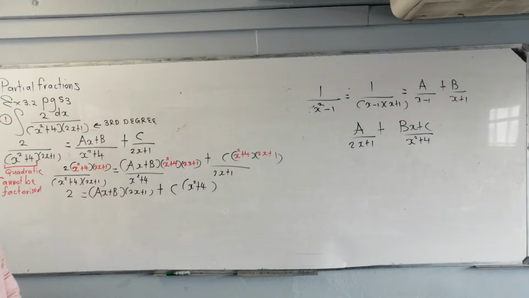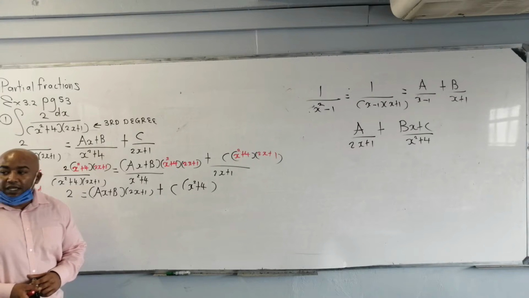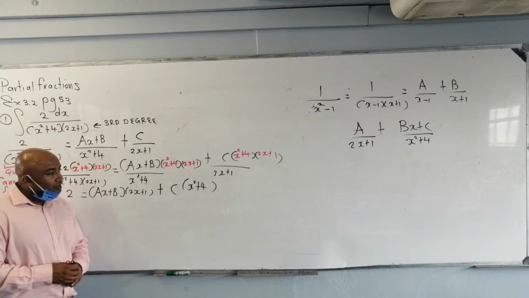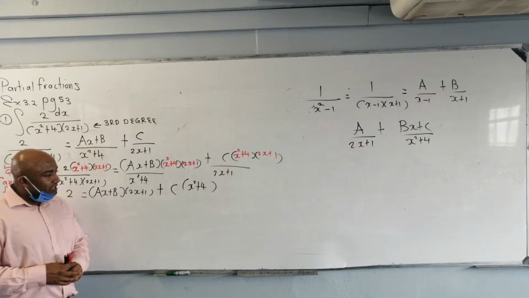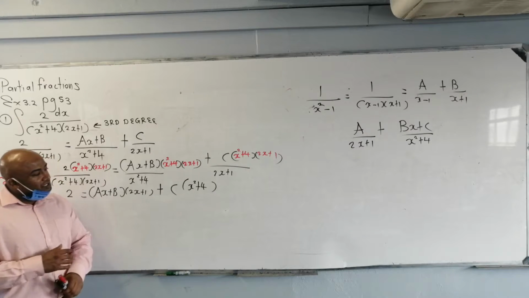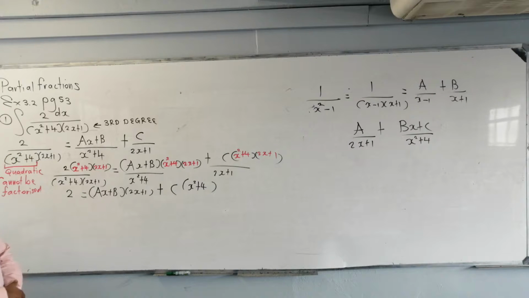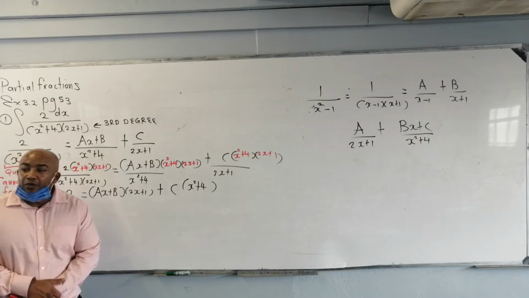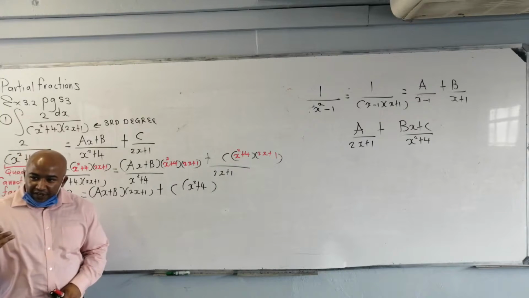Now, what are we going to do? We need to substitute values. So we can substitute values for x. And I'm going to show you, let me see if I'm going to do the other technique here. Let me show you the method of equating coefficients, which you will find in your book also.